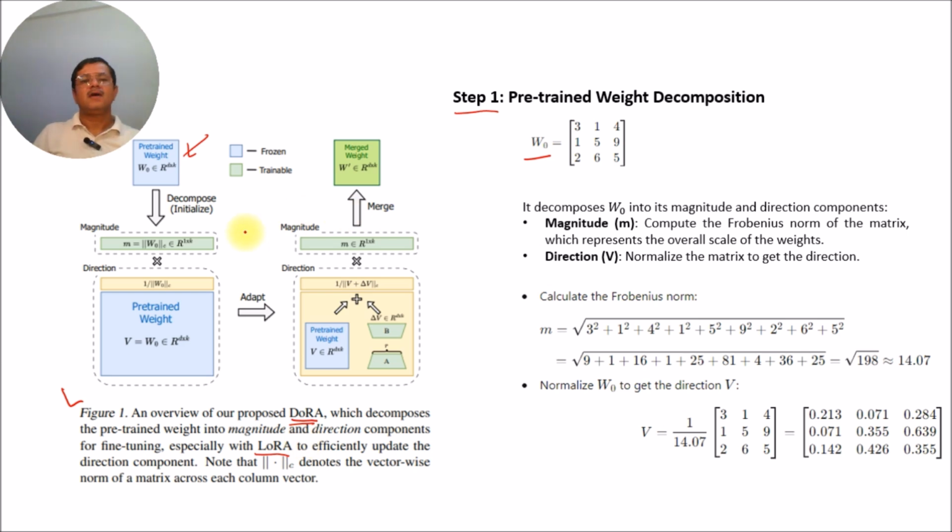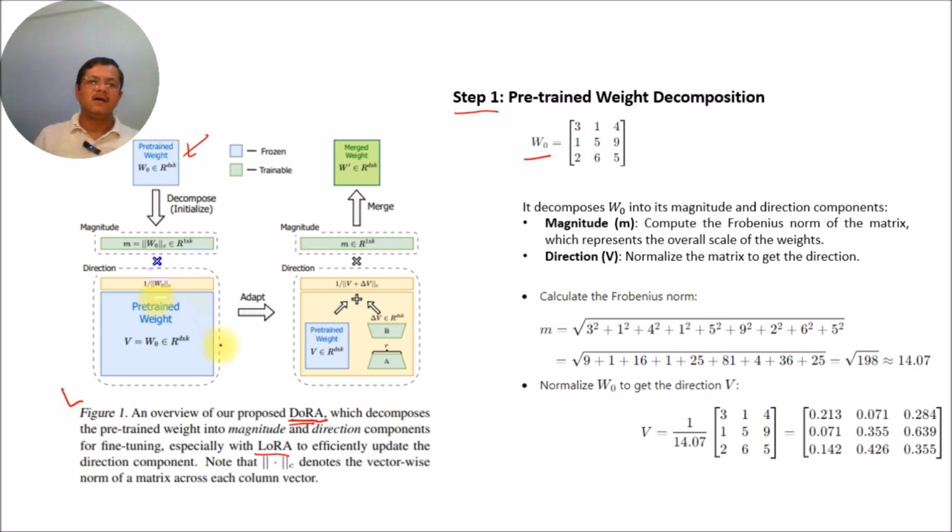The authors of this paper, DoRA, pointed out some issues with the old low rank adaptation techniques. In low rank adaptation, they take the pre-trained weight matrices and randomly initialize lower rank matrices, and instead of fine-tuning the entire matrices, they work on those lower rank matrices to fine-tune the complete pre-trained model.